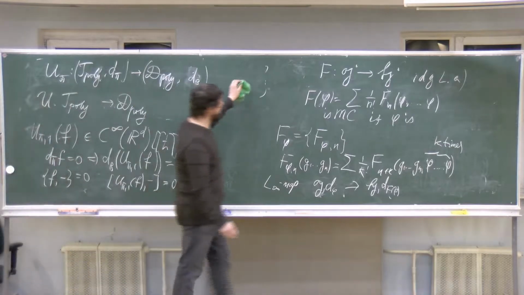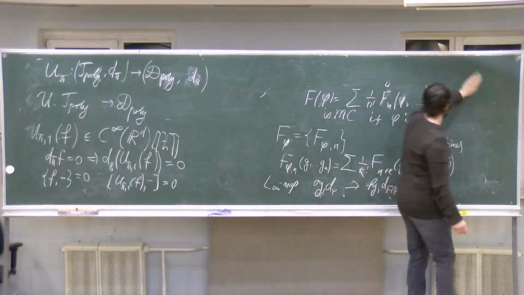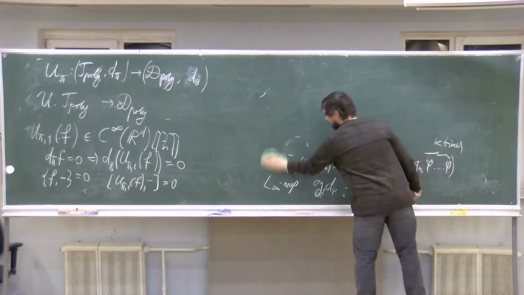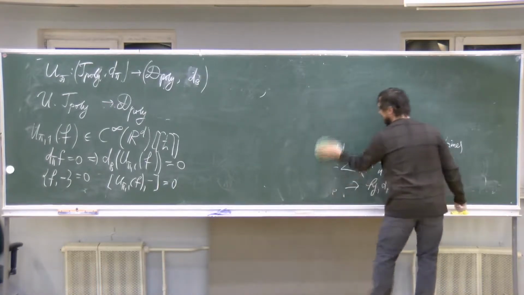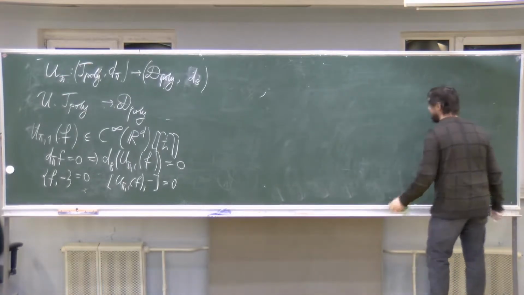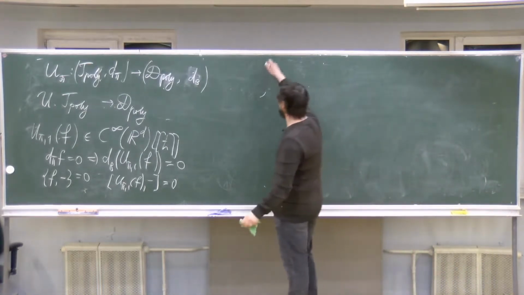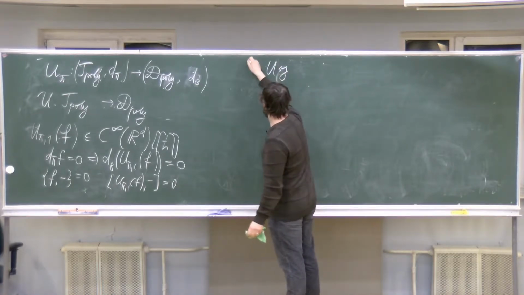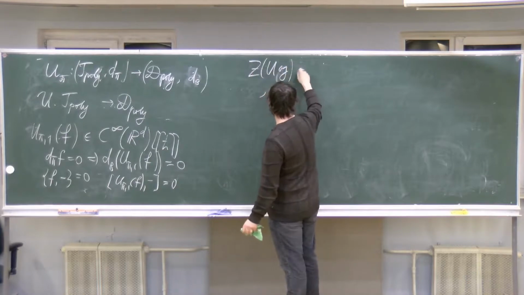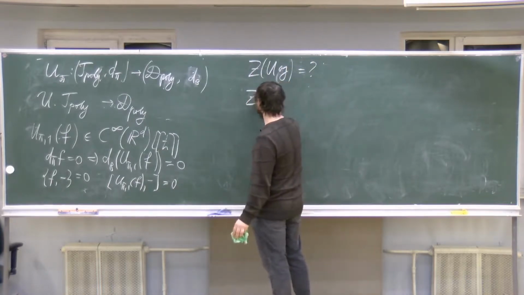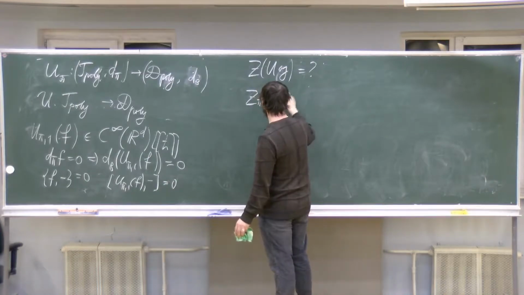Nice. Now, what is the center of the universal enveloping algebra? And what is the center, the Poisson center of S of G?